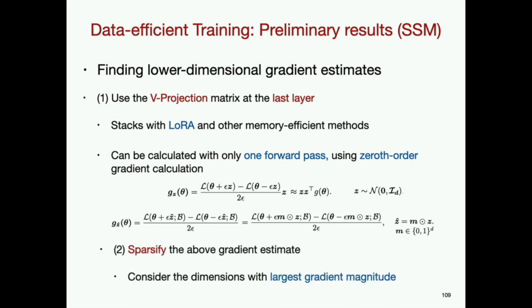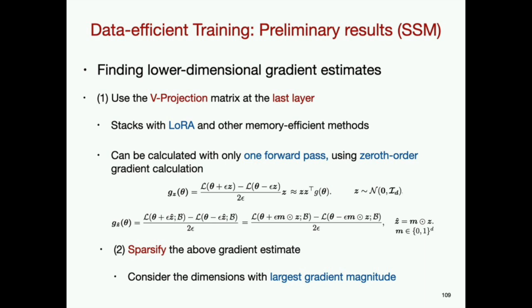So what we did is that we used ideas from neural network pruning. We said that, okay, let's sparsify this V projection, and we only considered the dimensions which have the largest gradient magnitude. How many? Like 1K or 2K, right? As small as that.